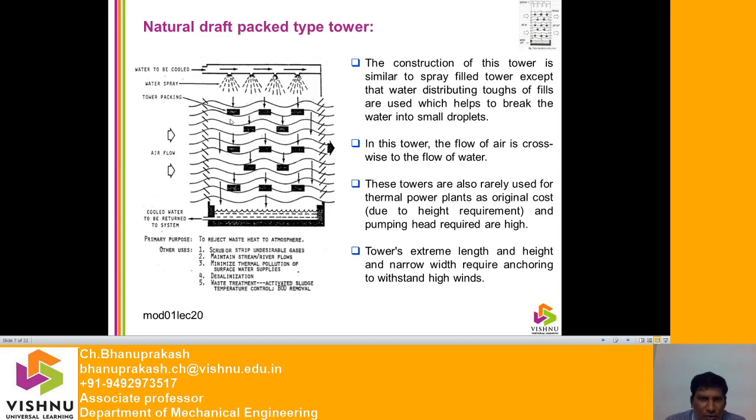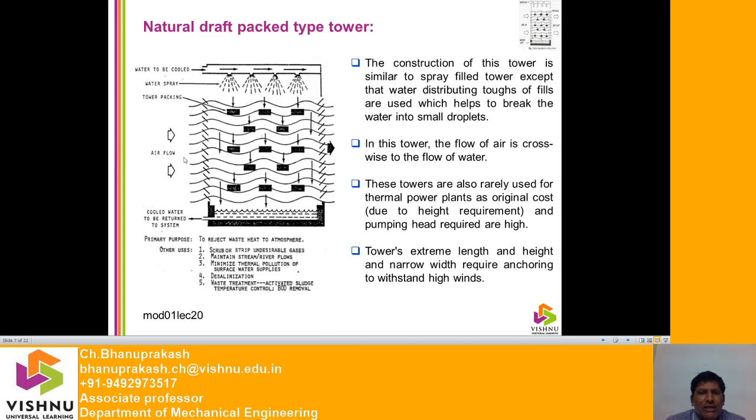Fills are used which help to break the water into small droplets. Already the water is sprayed, but it is further broken into small droplets. In this tower, as already discussed, the flow will be cross flow.